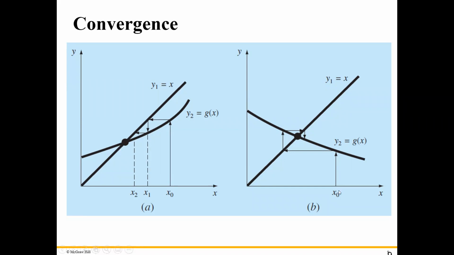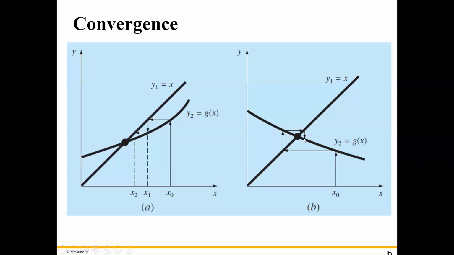Similarly, it is the case for case B. We start from x0, then we move to y is equal to x, and then we move to y2 is equal to g of x.